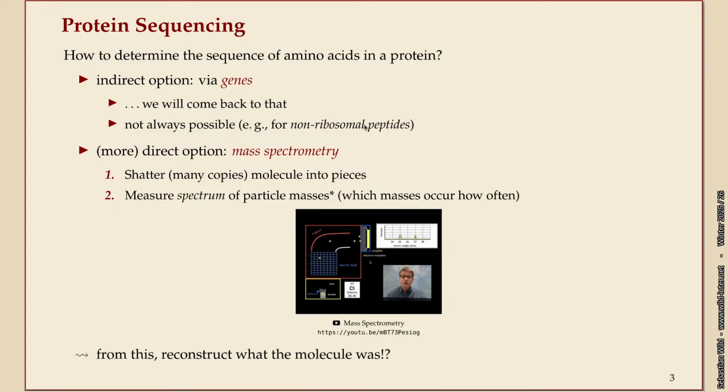And maybe at least for these, or also because you want to do it more directly, there's also lab techniques for sequencing proteins if you just have the final product. And a very versatile one is mass spectrometry, where essentially you take the molecule, you break it into lots of pieces, and you try to measure how much the different pieces weigh.